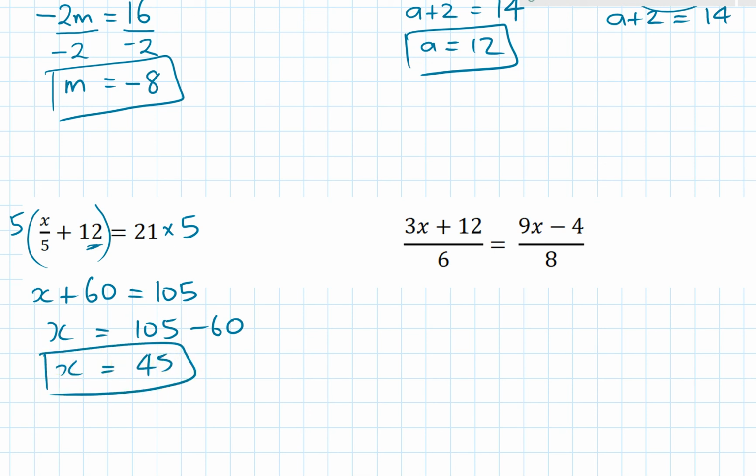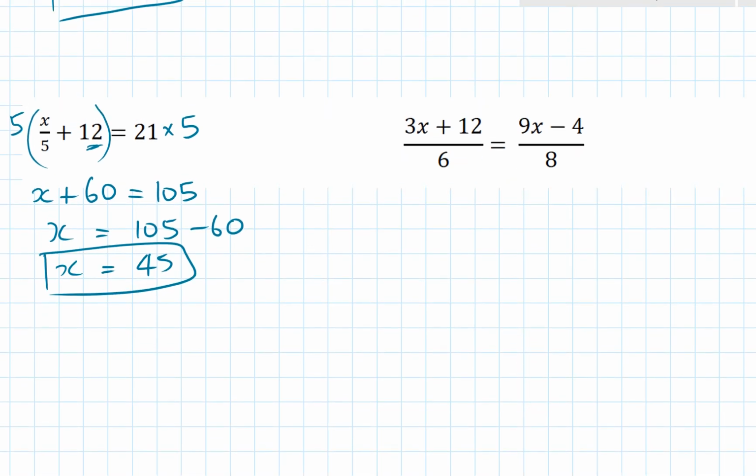Okay, last question, a bit more complicated, but let's think about this. We've got two algebraic fractions. When you've got this scenario, so you've got something over something is equal to another fraction, then we can do this thing called cross multiplying.